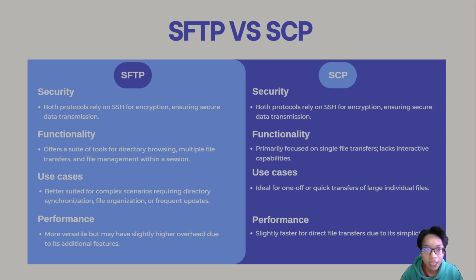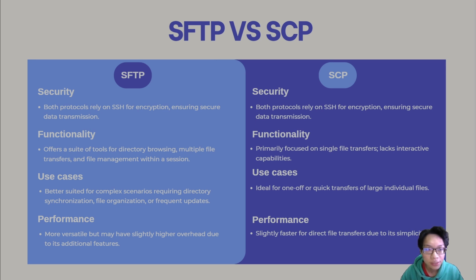In functionality, SFTP offers a suite of tools for directory browsing, multiple file transfer, and file management within a system. SCP is primarily focused on single file transfer, without interactive capability.